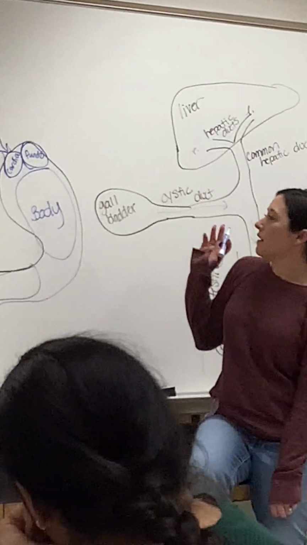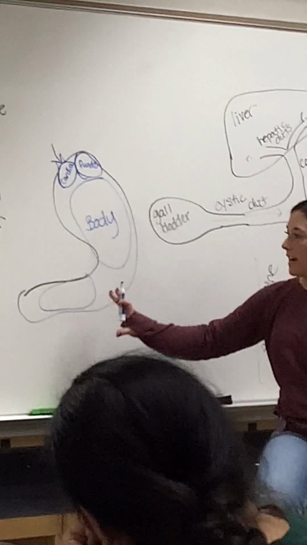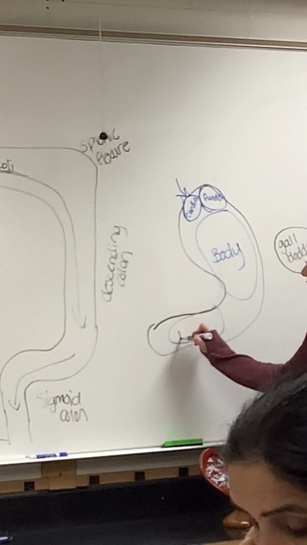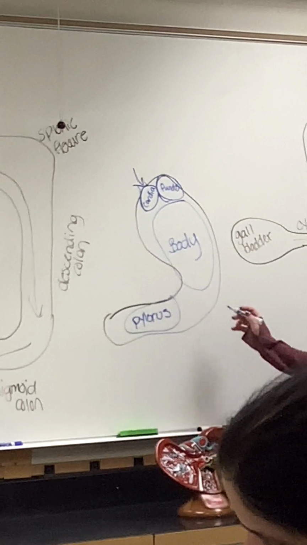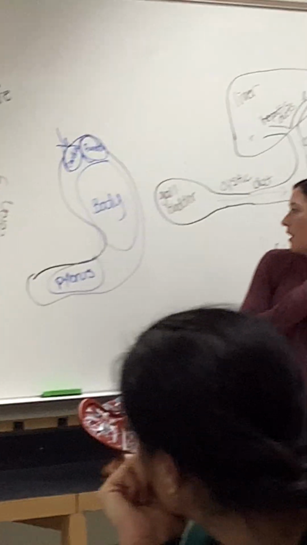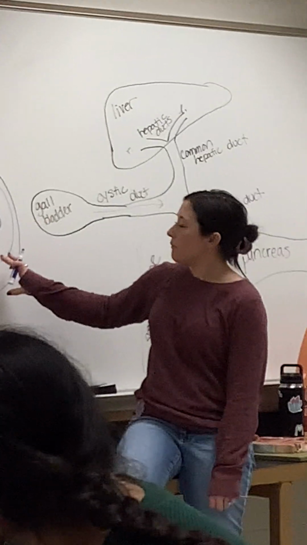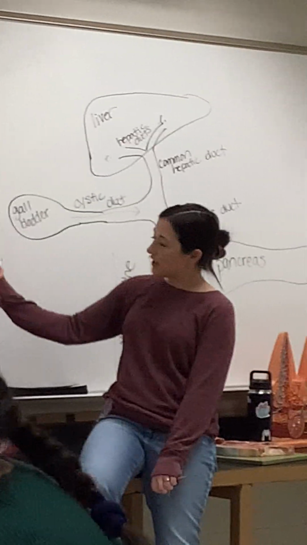And then looking at the structure of the stomach, it kind of turns, and this last part is called the pylorus. The pyloric antrum is the part of the stomach where it kind of turns.